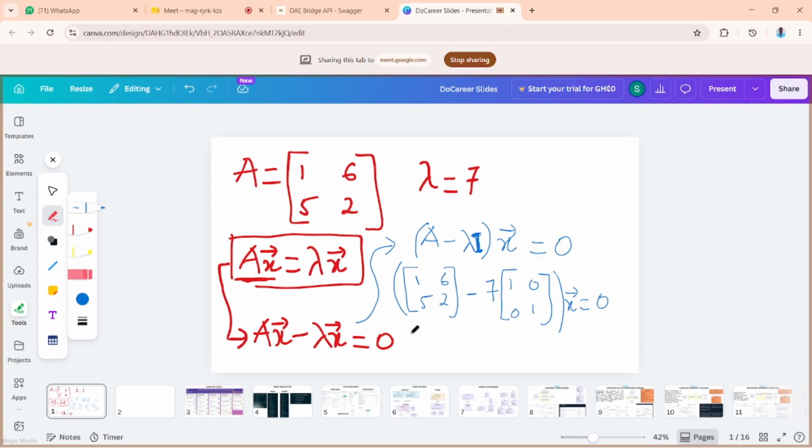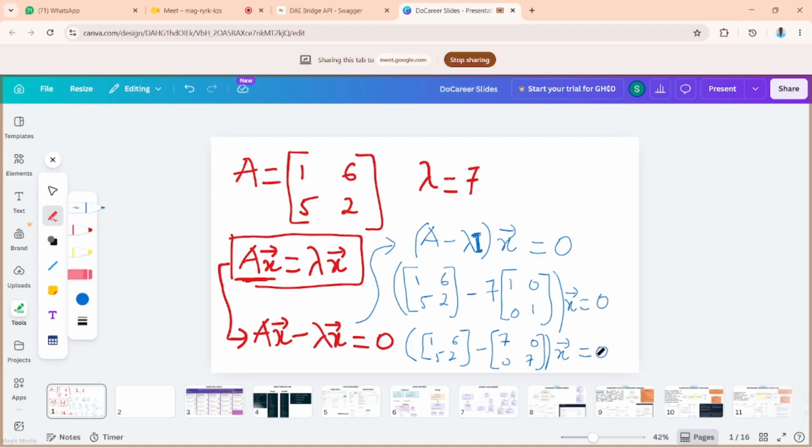If you write this one again, I'm going to have 1 5 6 2 minus, because it's a scalar against a matrix, it's going to be 7 0 0 7, times X equal to 0. Do you remember?